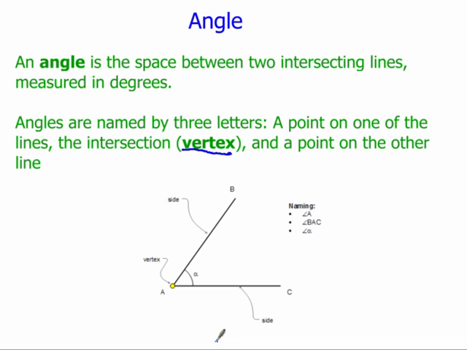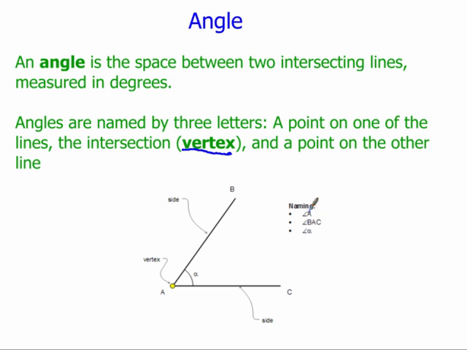Okay, so like this angle down here could be called, well, my pen just stopped working. This angle could be called angle BAC, okay? Angle BAC.